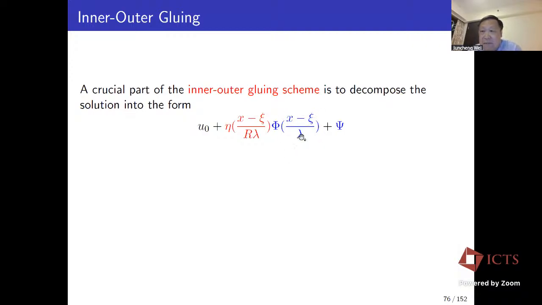We use the inner variable. And this is the elliptic part. In this part, the elliptic will take over. And plus the outer problem. Okay? So this is very similar to the second lecture. We look for a solution of the initial ansatz plus cutoff function times phi. Phi is the inner and the psi is the outer.